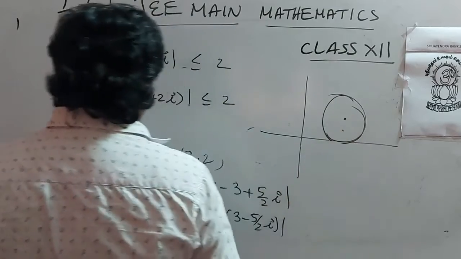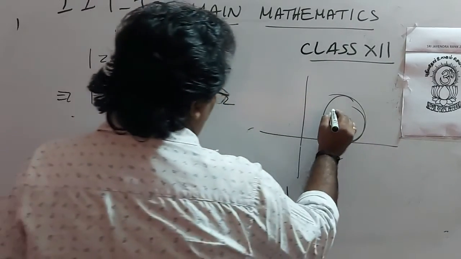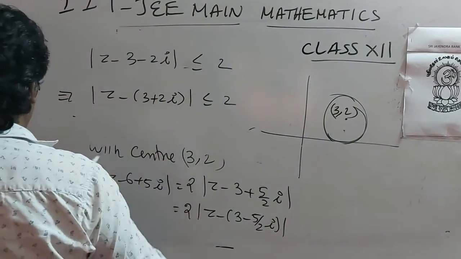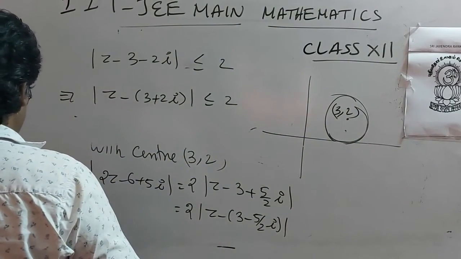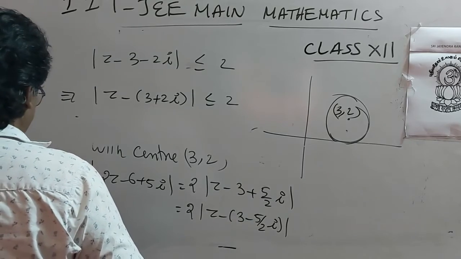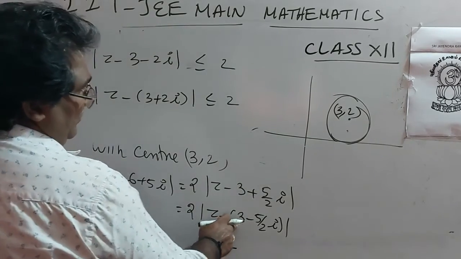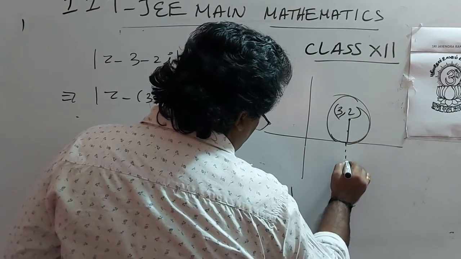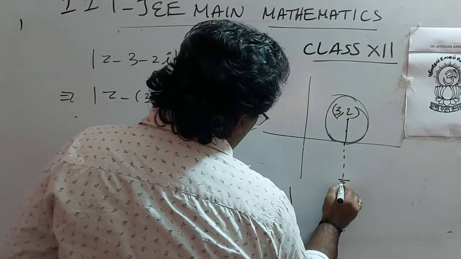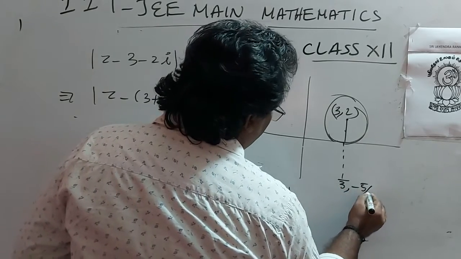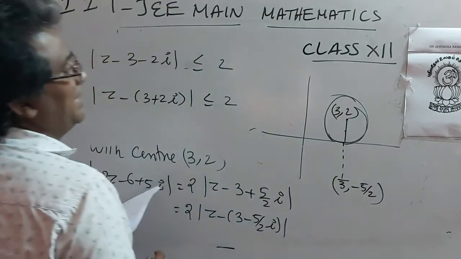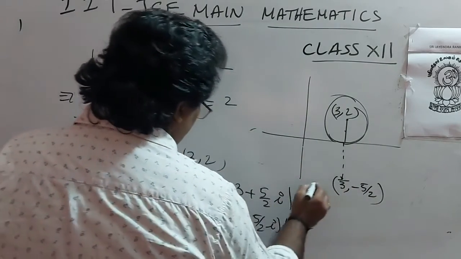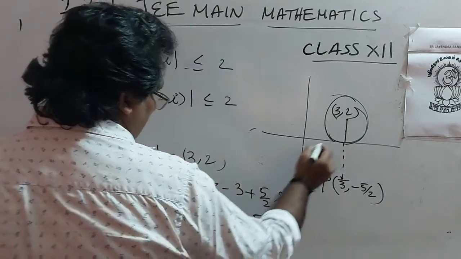So, the given circle has center (3, 2). This is the center (3, 2). Here this point is (3, −5/2). This point P represents a point Z1.